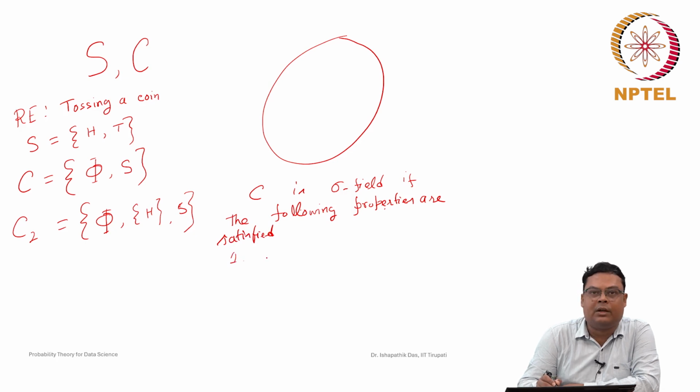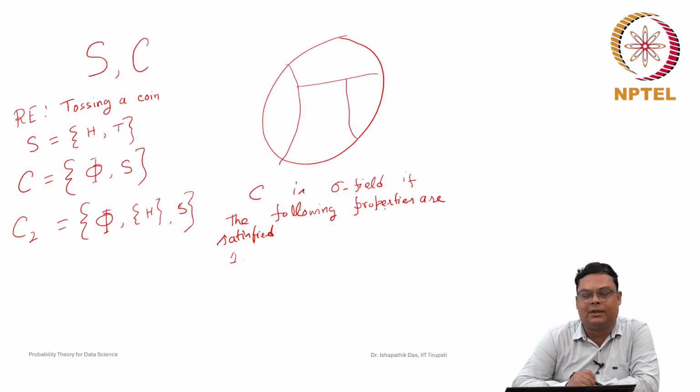One is that S, the non-empty set from where we are taking the collection of subsets of S, has to belong to C.